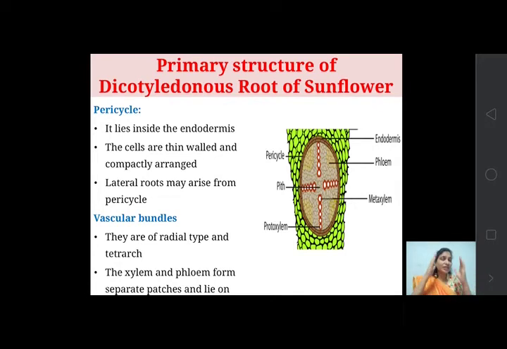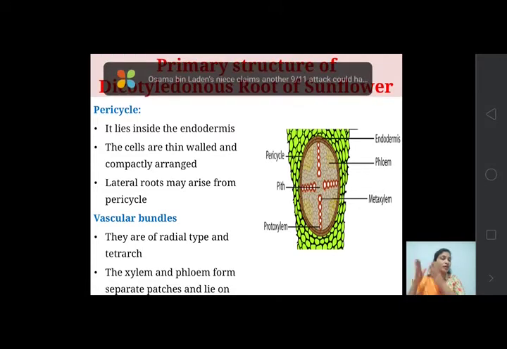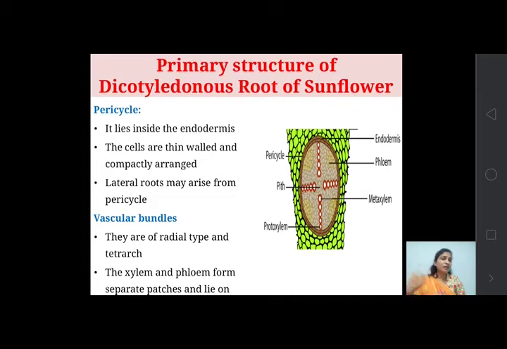It is based on where the protoplasm is facing. The protoplasm is towards the outer part, that means exarch, towards the outside. So the vascular bundles are present in the exarch form. They are radial type and the condition is exarch.